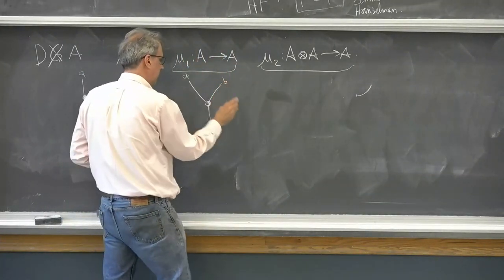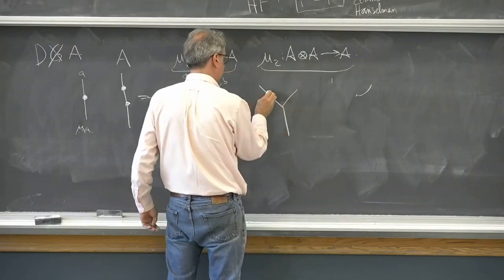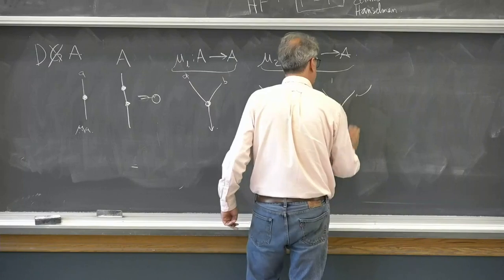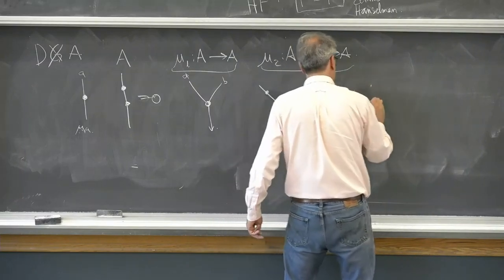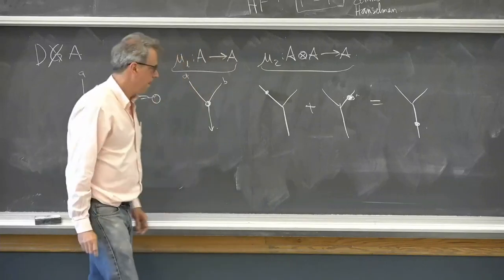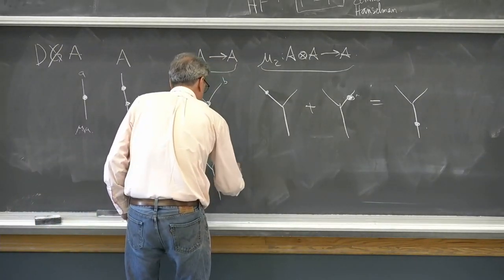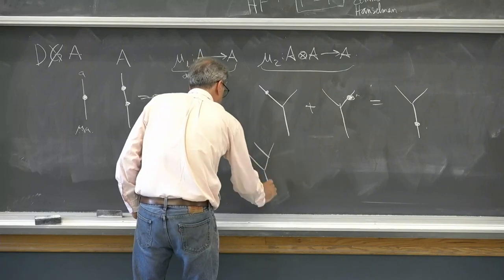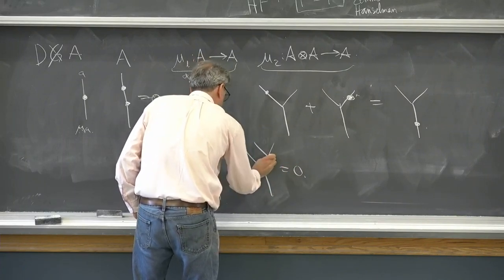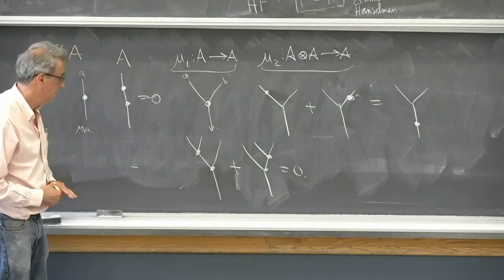So I get this multiplication, and it satisfies a Leibniz rule: dA times B plus A times dB is equal to the differential of A times B. And it's associative, which I can draw as this.